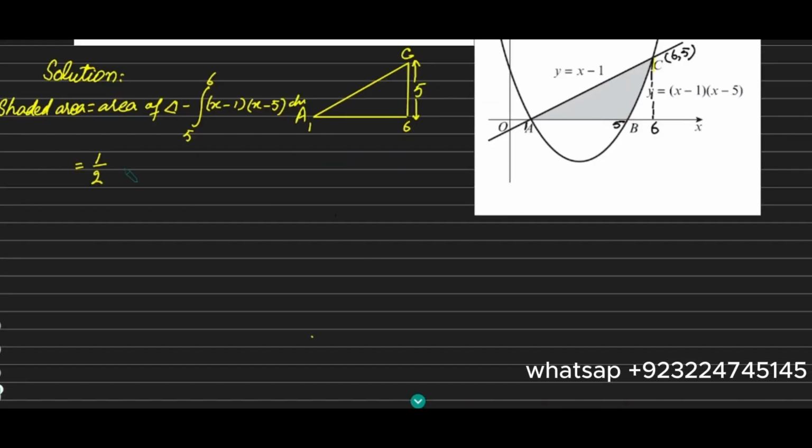The area will be the area of triangle, 1 by 2. Here the base is 5. We can see the base of the triangle, 6 minus 1, it will be 5, into the height 5, which is shown here. This is the height, y point is 5, minus, we will solve this integral.